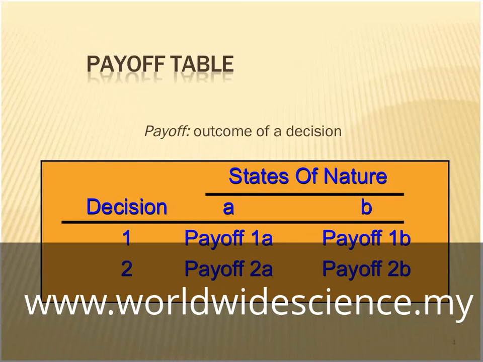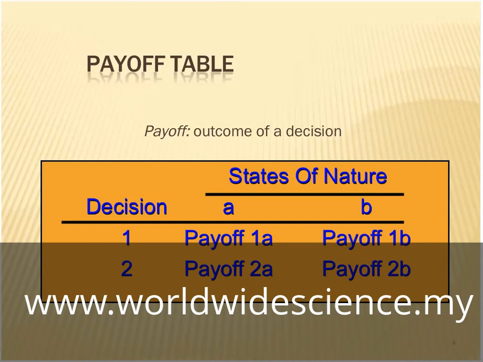After knowing this concept, a state of nature and decision, you should provide this table for yourself. Decision here means the option. Decision, option, project are synonyms, as you can see in this table. The states of nature should be written at the top of the table. A and B are states of nature. For example, A is low demand, B is high demand. A is a bad economic situation, B is a good economic situation.